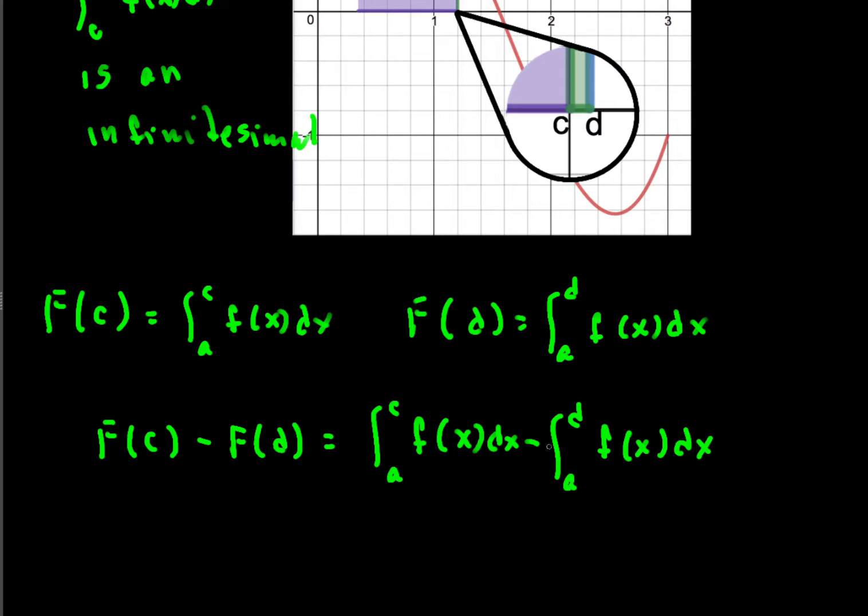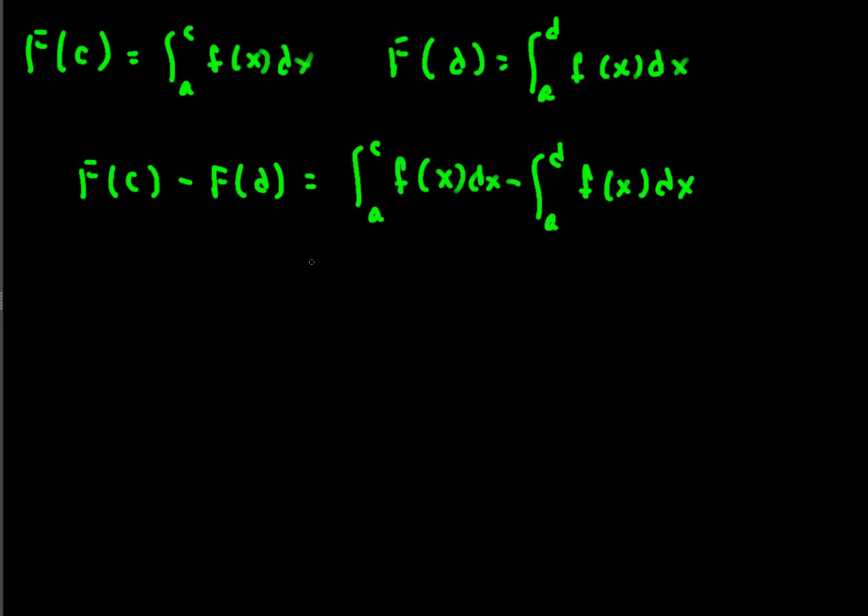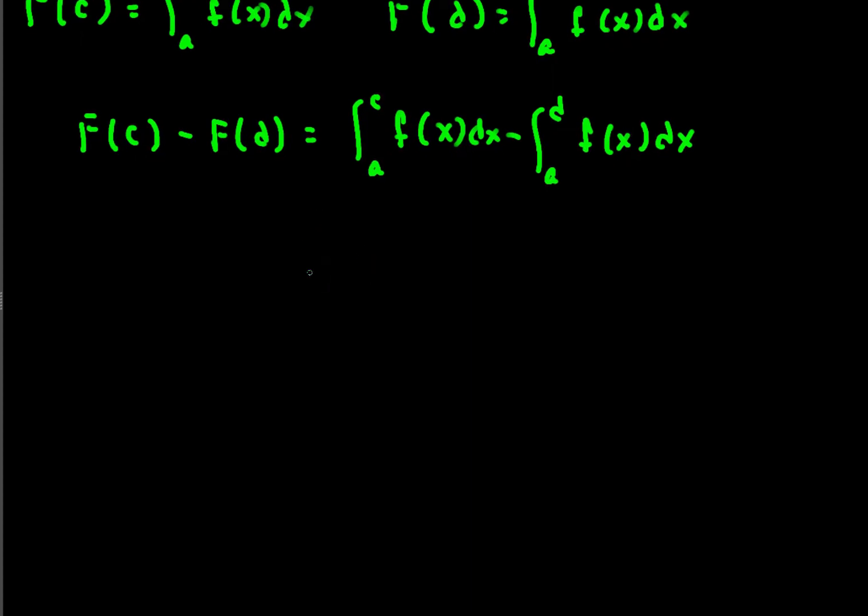But then we can flip the order of integration, and that negative sign would turn into a positive. So giving myself some room, this would be equal to the integral from a to c of f of x dx plus the integral from d to a of f of x dx. And now we are in position to use the additive property, because my lower bound here, a, is the same as my upper bound there.